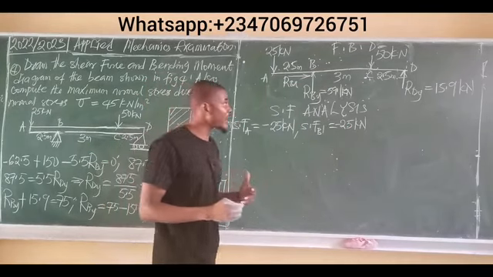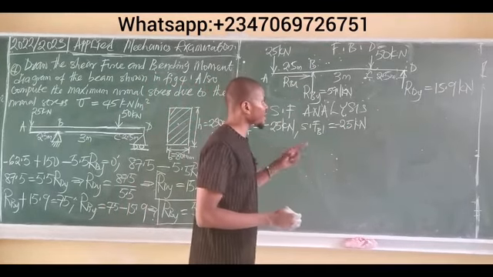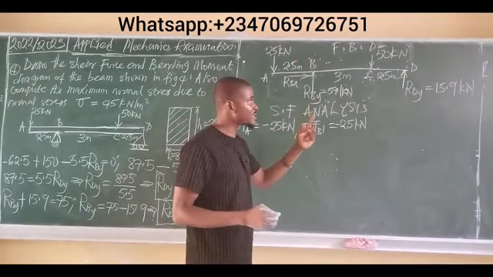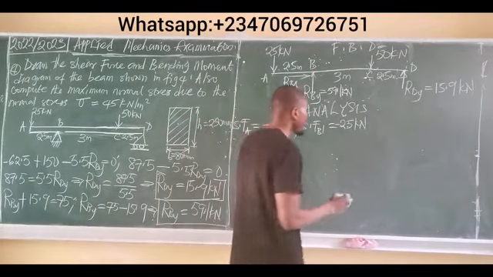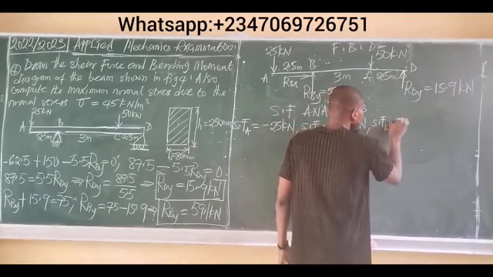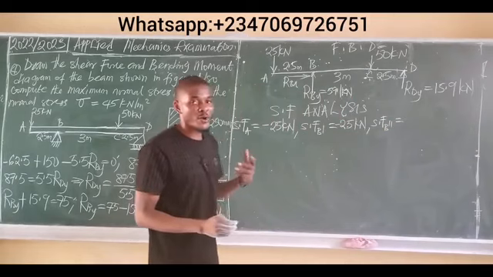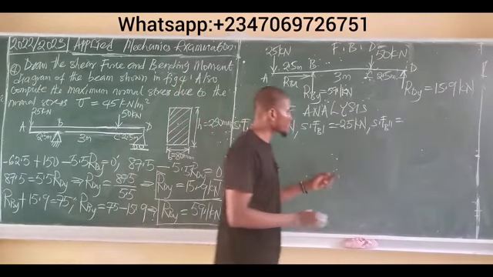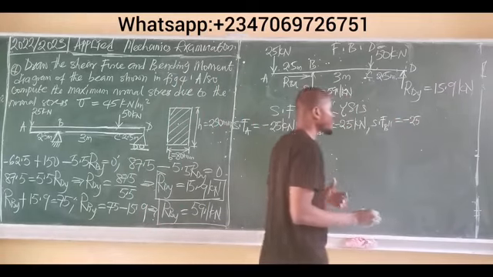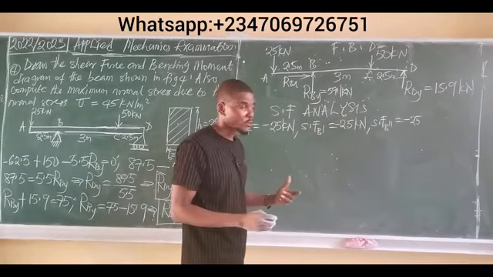But on getting down at point B, it now encounters an upward force RBY pointing upwards. So since it encounters an upward force, then we have shear force B prime prime, which means finally at point B, this minus 25 kilonewtons force encounters now an upward force.